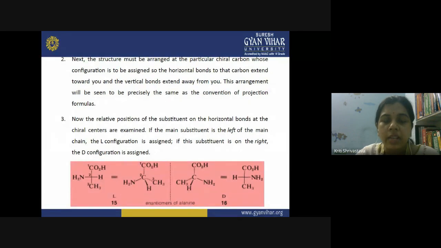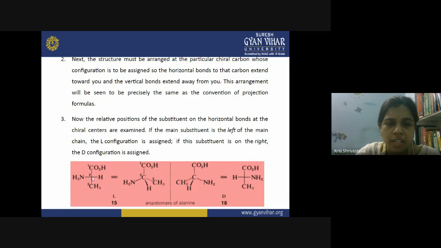Then what next? The structure must be arranged with the particular chiral carbon whose configuration is to be assigned at the center. The horizontal bonds to the carbon extend towards you, and the vertical bonds extend away from you. If you remember this method of representation, the vertical lines are away from the viewer, and the horizontal lines are towards the viewer.